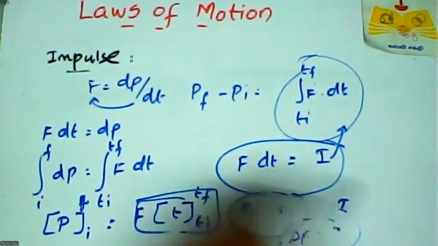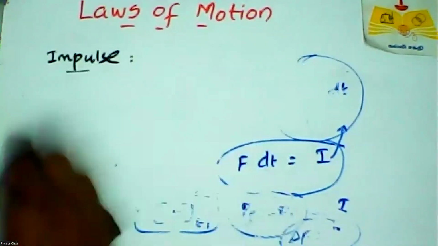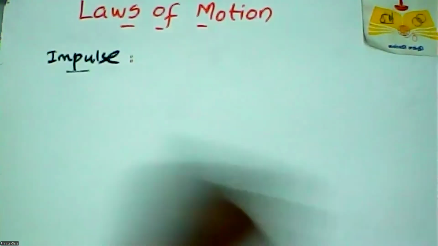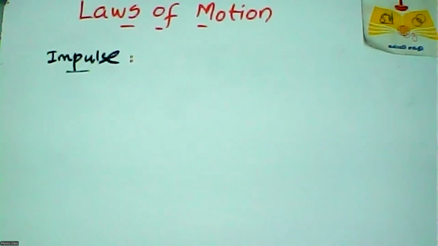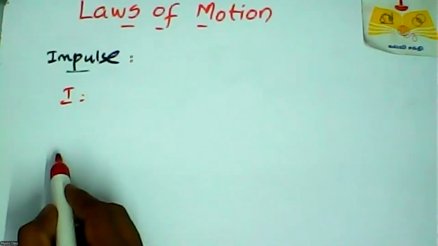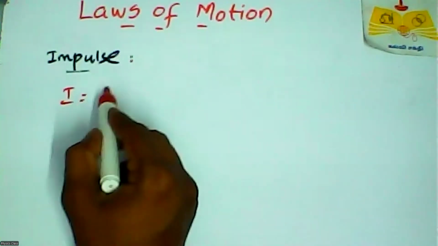For example, we can write again I, which is equal to del P or dP.